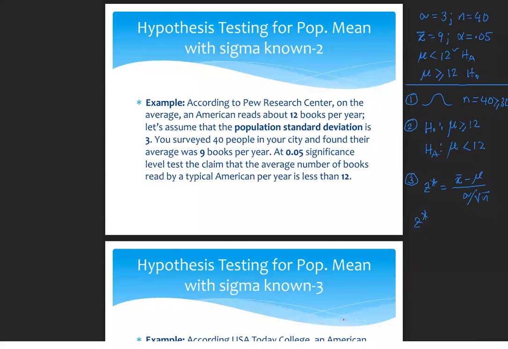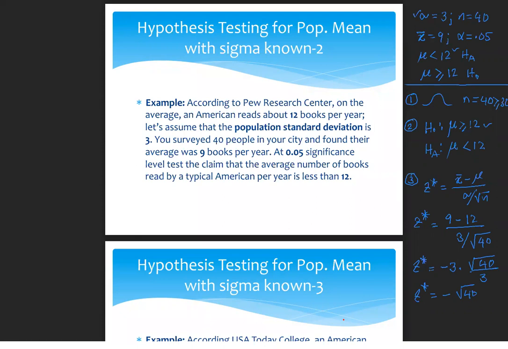Z star is equal to x bar, which is 9, minus mu, which is 12, divided by sigma, given to be 3, over the square root of the sample size, which is 40. So Z star is equal to 9 minus 12, which is negative 3, times square root of 40 over 3. So Z star is equal to negative square root of 40.